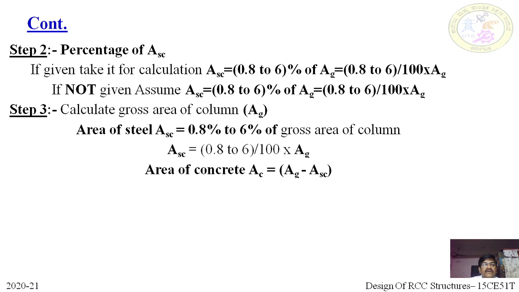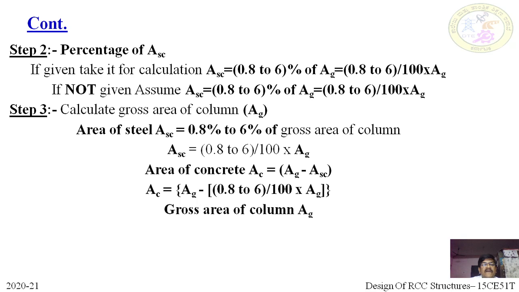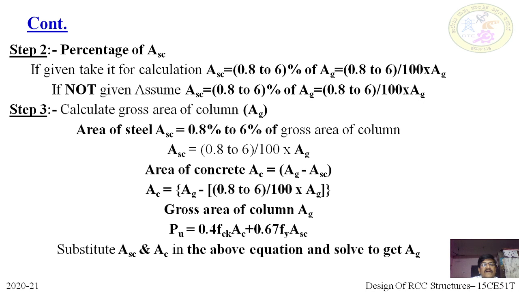Then area of concrete, Ac is equal to Ag minus Asc. So to calculate gross area, we have to calculate Asc. We don't know that Asc value yet. Then Ac is equal to Ag minus Asc. Use this PU formula. PU is equal to 0.4 fck Ac plus 0.67 fy Asc. Substitute Ac and Asc in this PU formula and get Ag.